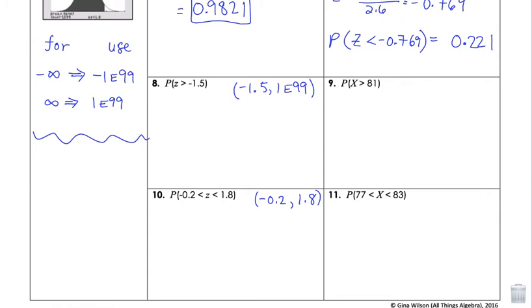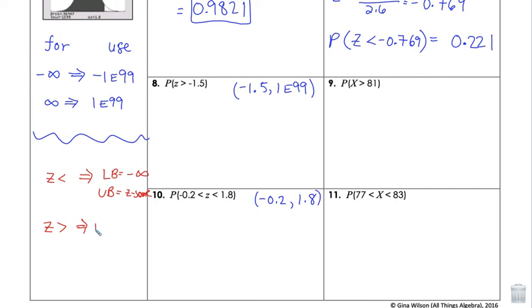And just some other tips and hints. When you have z less than something or x less than something, you're using negative infinity as your lower bound, and your upper bound is the z-score. And then when we have z greater than a value, it's opposite.